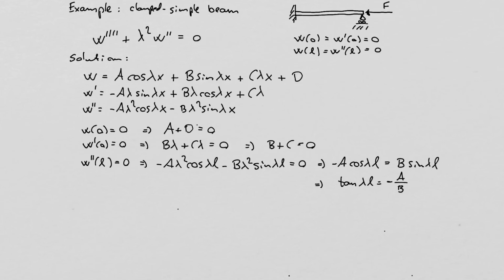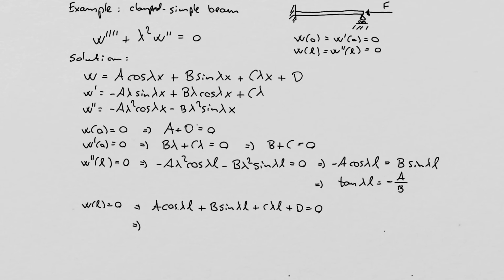Now still a little bit of work to do, so we take the last condition, W of L equal to 0. Inserting, A cosine lambda L plus B sine lambda L plus C lambda L plus D equal to 0. Now we can use some of the conditions that we have written up.